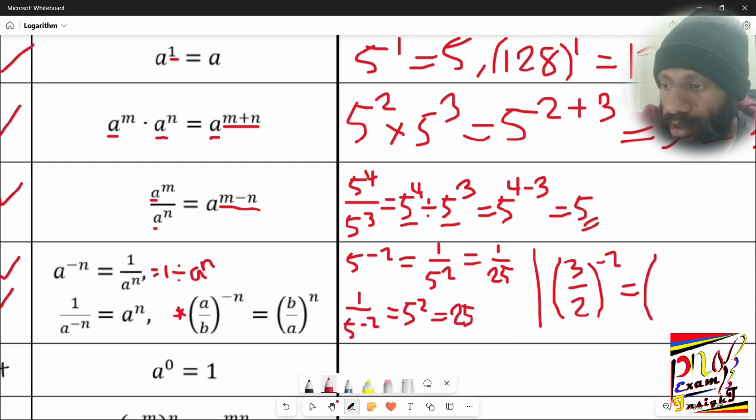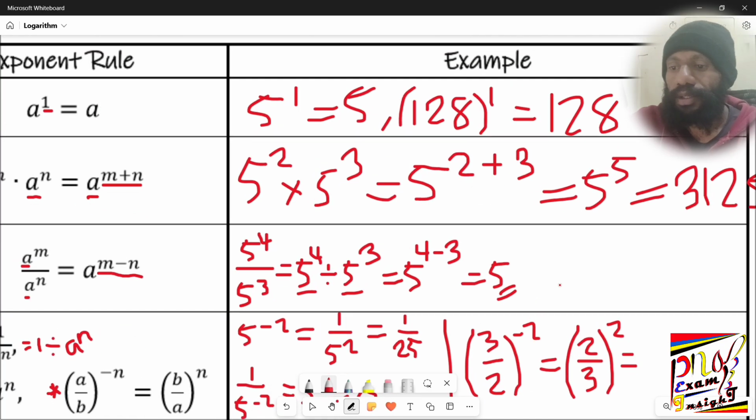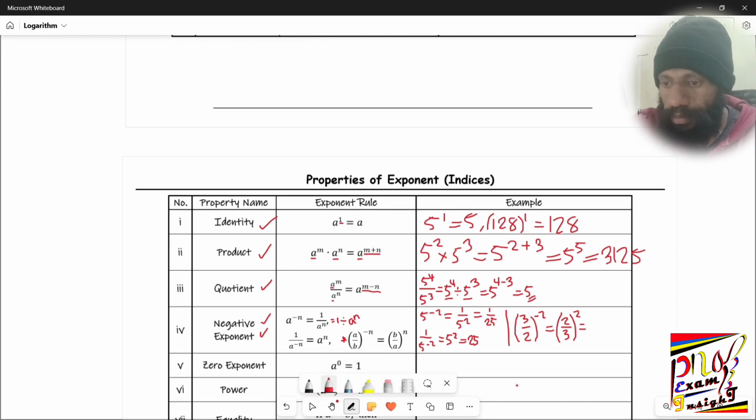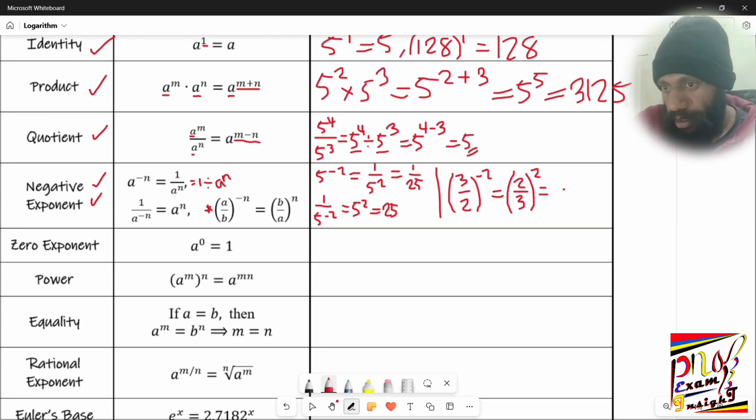Now 2 becomes the numerator, 3 becomes the denominator, and the power, which was negative 2, is now positive 2. So that's how you go about it. We can further expand that, but leave it as that. Let's move on to when it has power of powers, where we're going to expand.